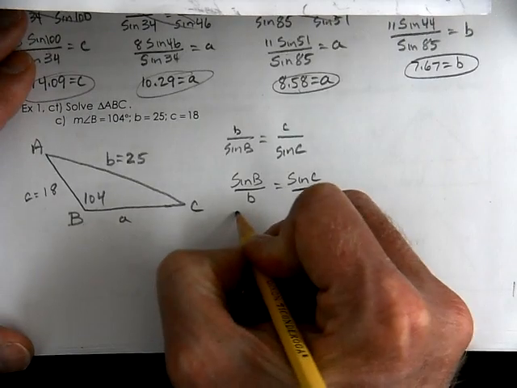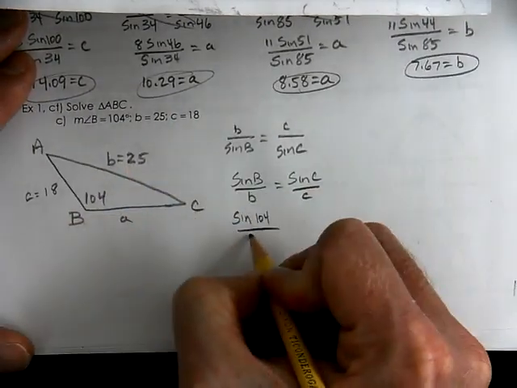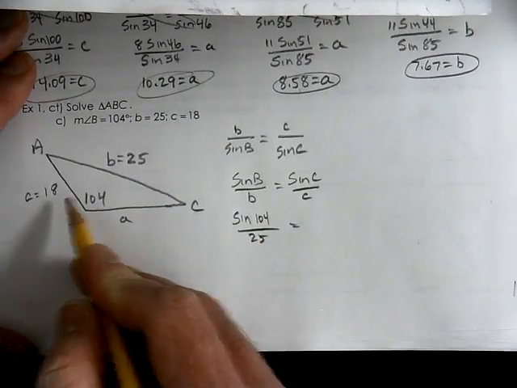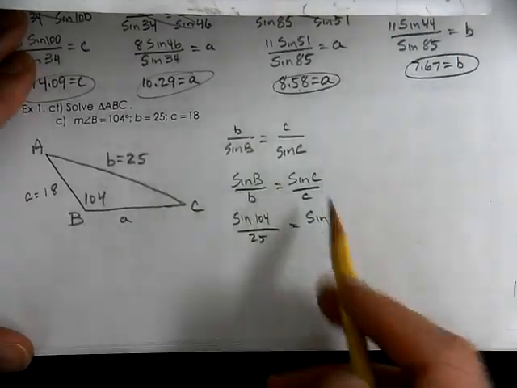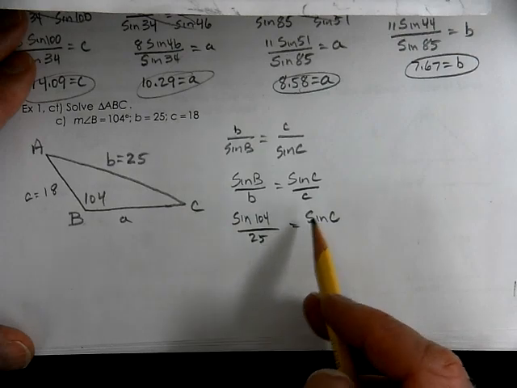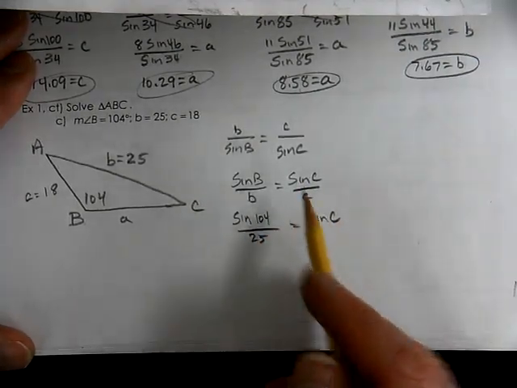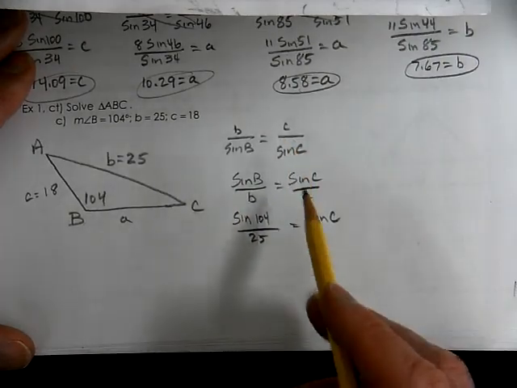B is 104, so this is the sine of 104 over 25. We're solving for sine of C, so notice that's now on top of the fraction. And that's where your solving part has to be. It has to be on top of the fraction, so that's the advantage of doing the reciprocal.